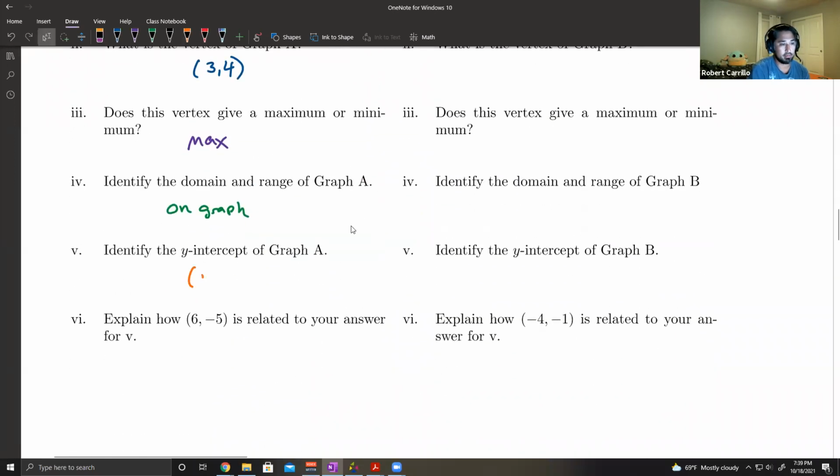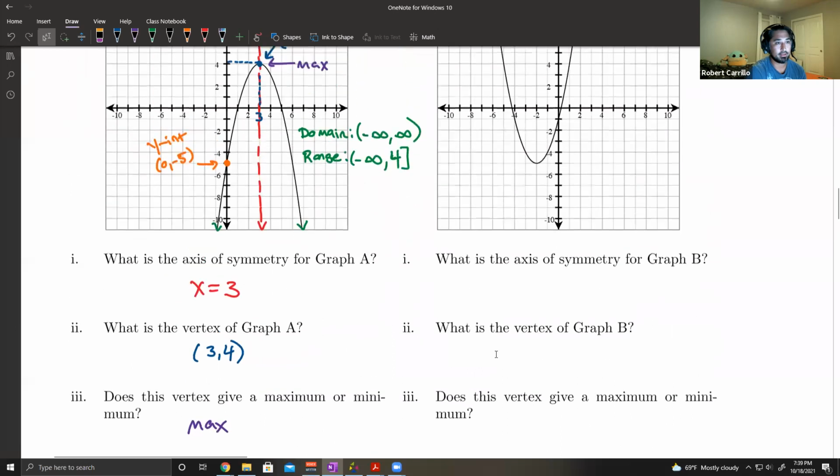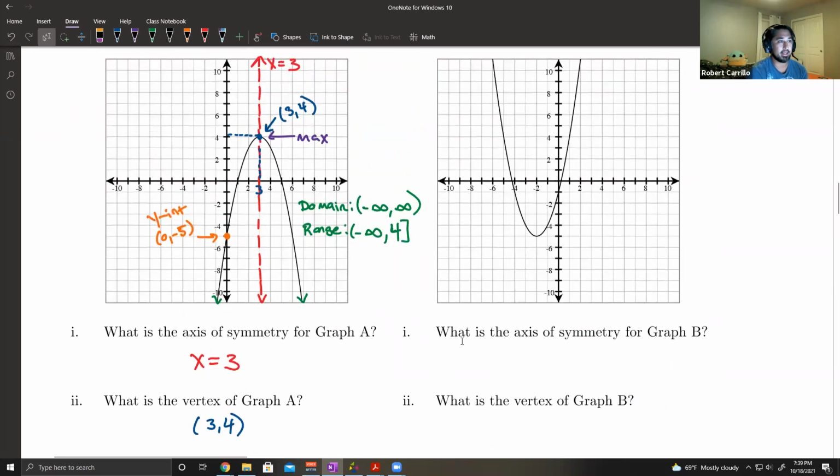So 0, negative 5. Explain how 6, negative 5 is related to our answer for 5. So how is 6, negative 5 related to the y-intercept? So let's go ahead and plot 6, negative 5 and see where that puts us. So 6, negative 5, right there.